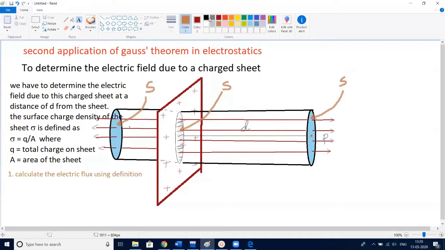So what is the definition of electric flux? The definition of electric flux is phi E equal to E dot A, that is EA cos theta.